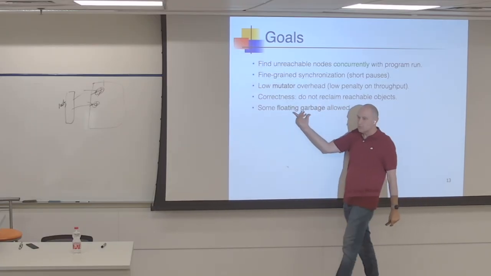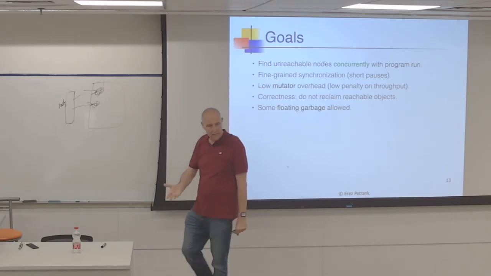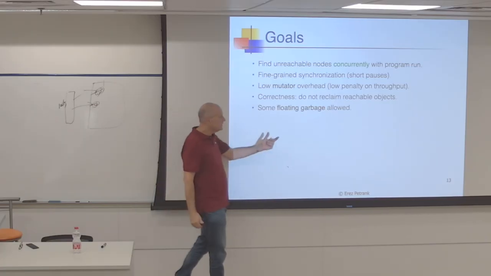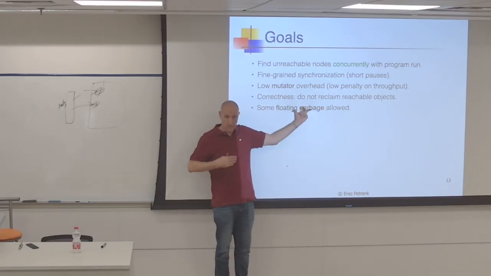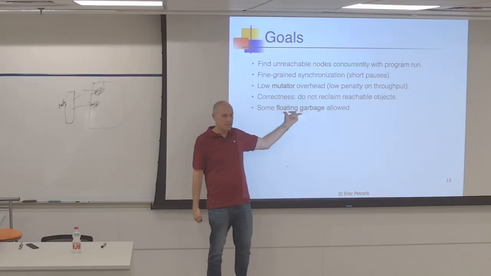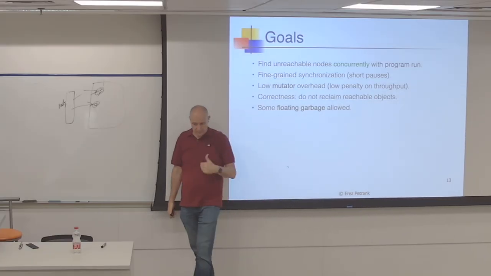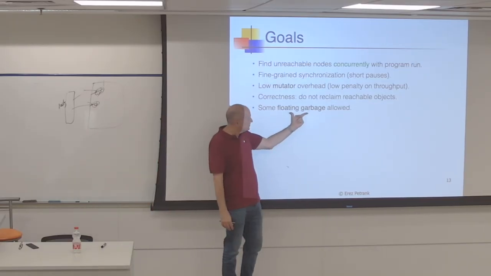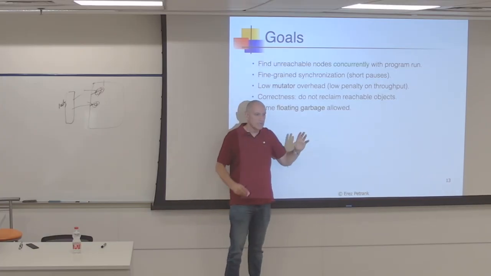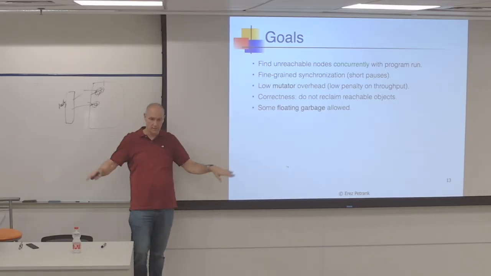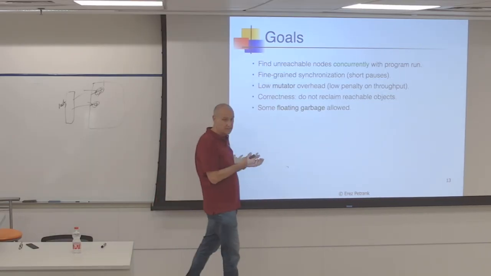And the question of whether we should find all the unreachable nodes, or whether we are allowed to sometimes not find some unreachable nodes, is not correctness, but progress. We want to eventually be able to reclaim all the available space. And it is allowed to have some floating garbage, it's called. This is a term that they set, and it's used until today. Floating garbage means some things may have become unreachable while we're working concurrently on finding them, and we will not identify them.